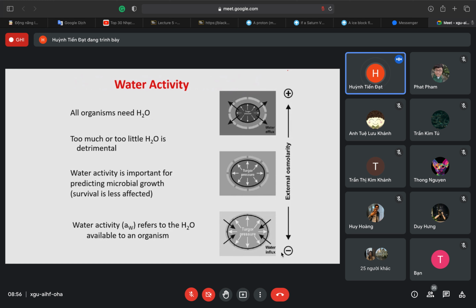So water activity refers to the water available to organisms. Your friends already mentioned that, the free water in the food. The total water in the food is not the consideration, but rather how much is bound water and how much is free water. This is reflected by the water activity value, Aw.